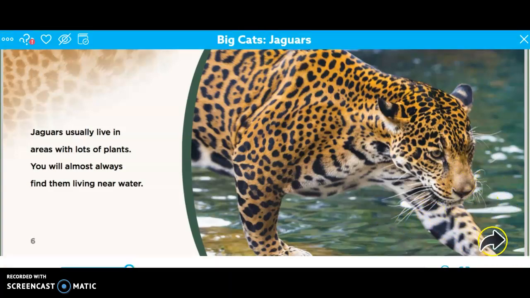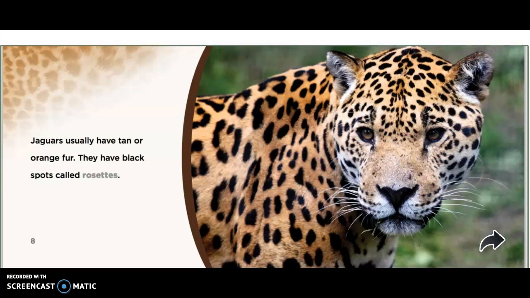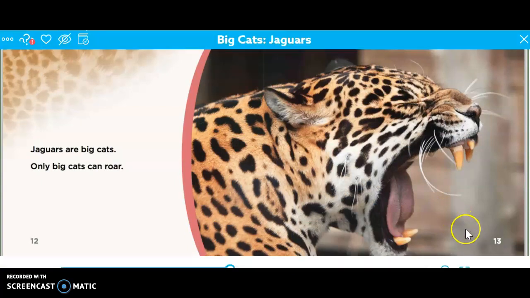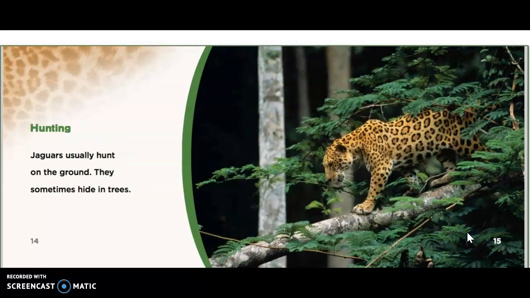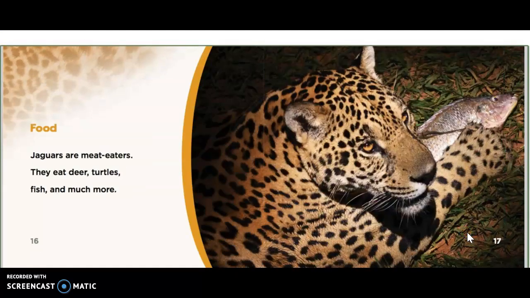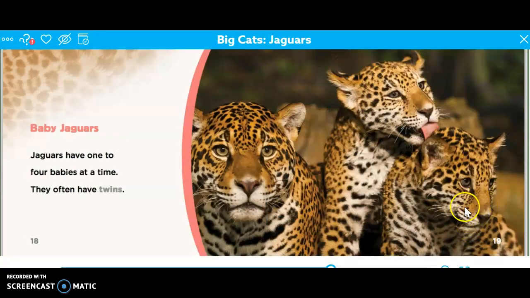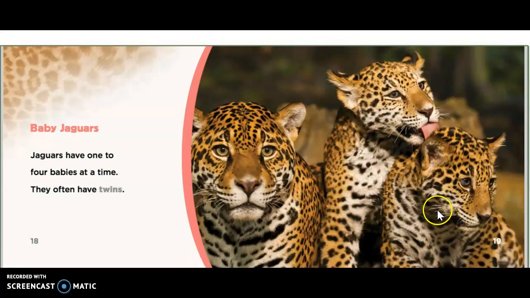If we look here, maybe the water, the woods. And what are some events that you noticed in the story? A jaguar eating, baby jaguars playing with their mother.